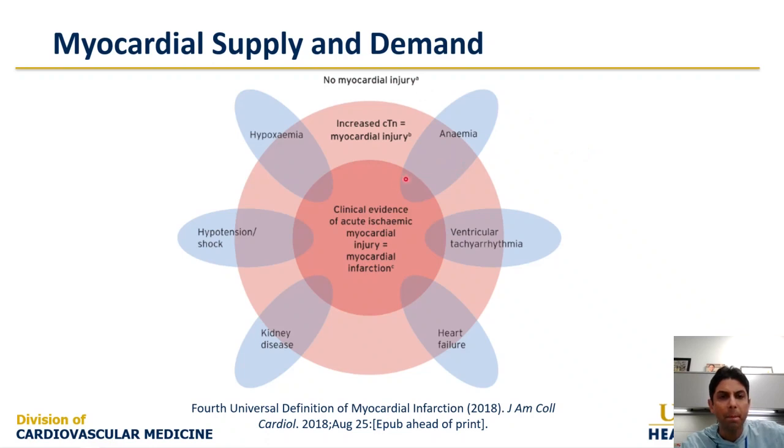Now, if it's really severe, we may even see evidence of myocardial infarction. So we might see ECG changes, such as ST segment depressions. We may see T-wave inversions. But we wouldn't expect ST segment elevations because ST segment elevations would be only caused by plaque rupture or erosion resulting in an occlusive thrombus.